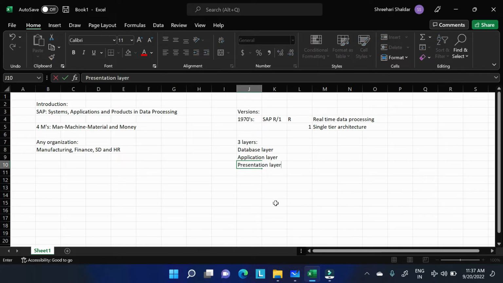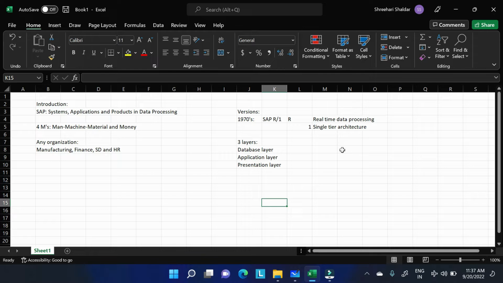We can deal with an example for this. What is the database layer? Let us consider this computer. Within this, the database layer is its ROM, from where it fetches the information. And what is the application? Let us consider Excel as one application.